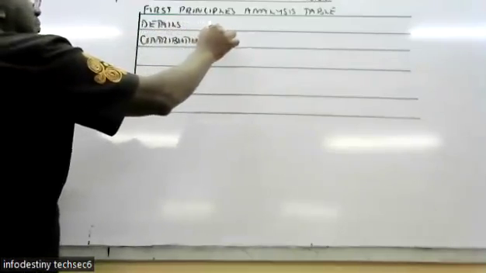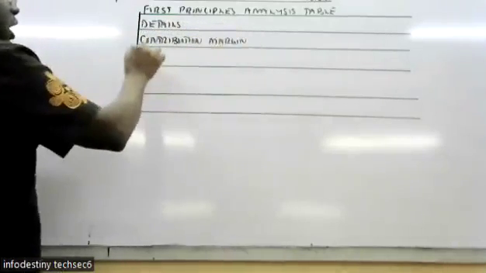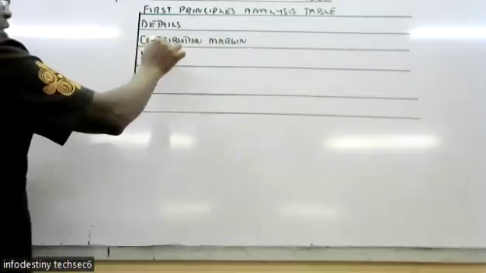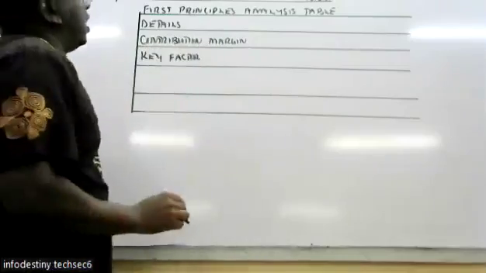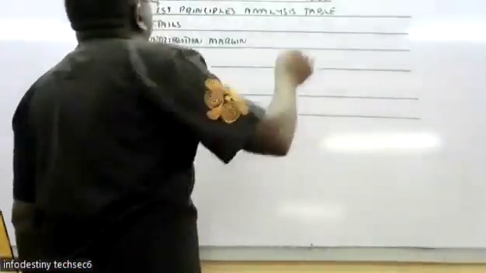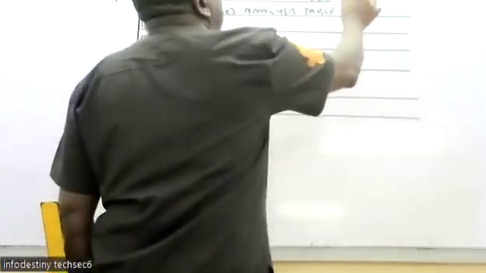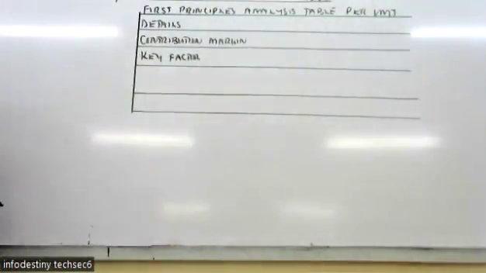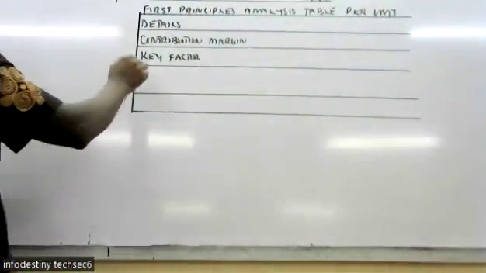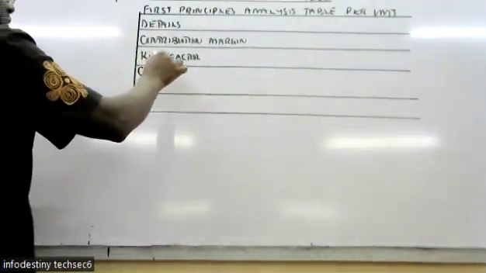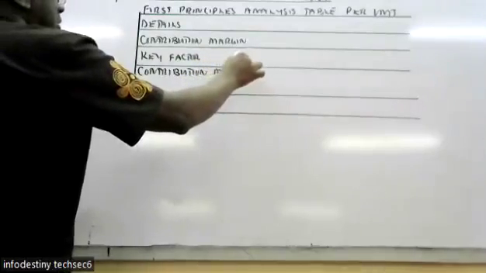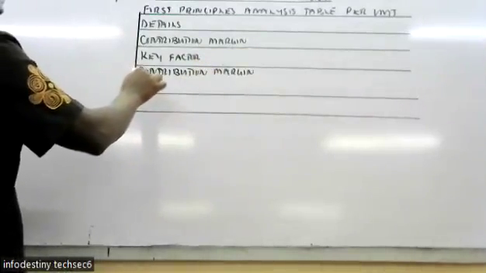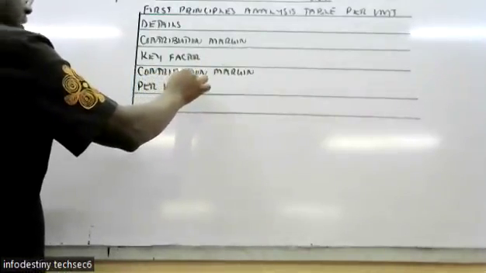Alafu tunaweka key factor per unit. It's per unit. Then you get contribution margin per key factor.